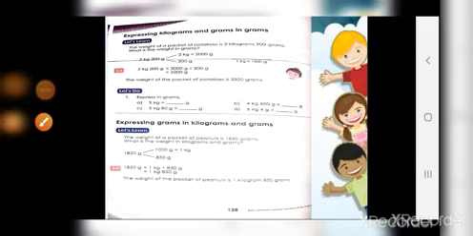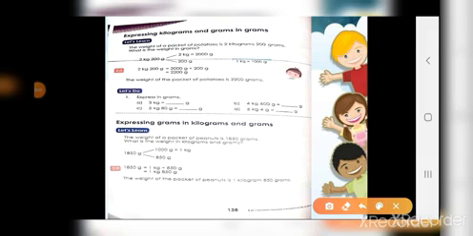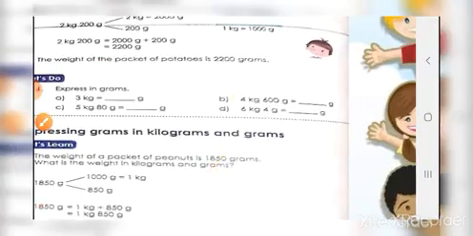So here we have our activity, expressing kilograms and grams in grams. So let's learn. The first thing you have to keep in mind is that 1 kg is equal to 1000 grams, and kg is kilogram, g is gram. The weight of a packet of potatoes is 2 kilograms, 200 grams.